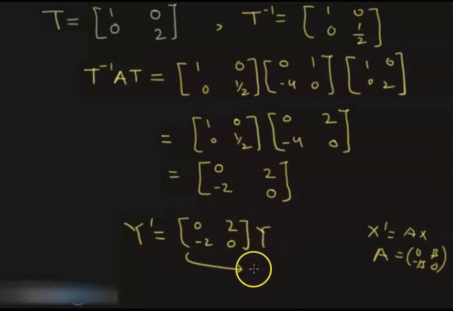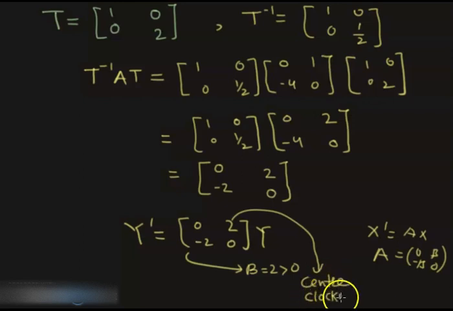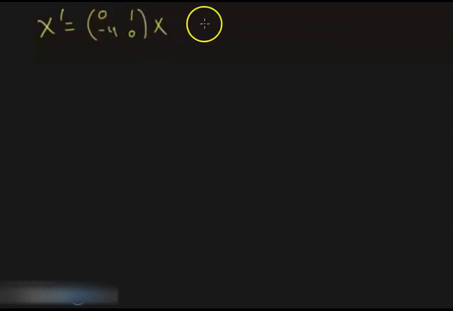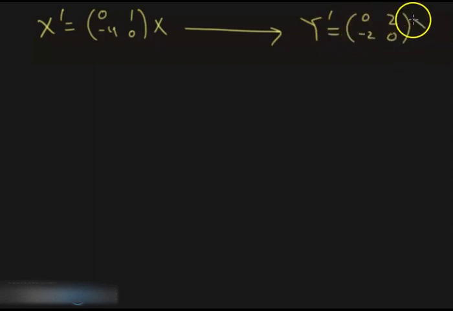You can see that beta is equal to 2, which is greater than 0. So this system is showing a center with clockwise orientation.